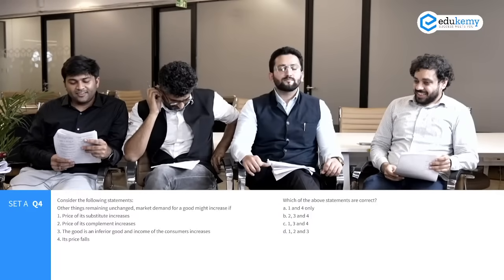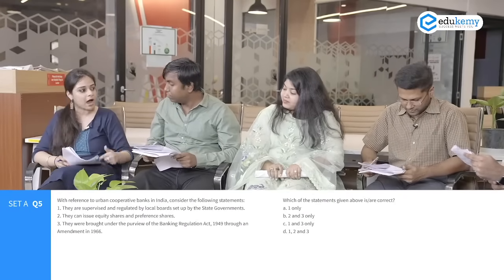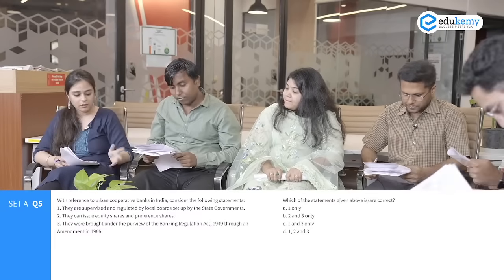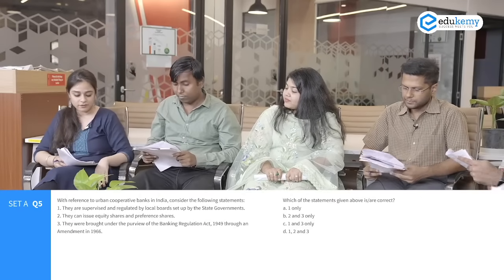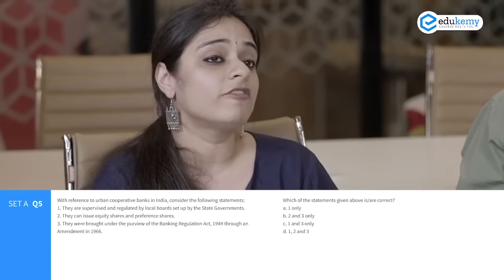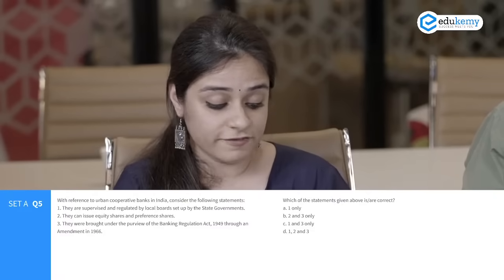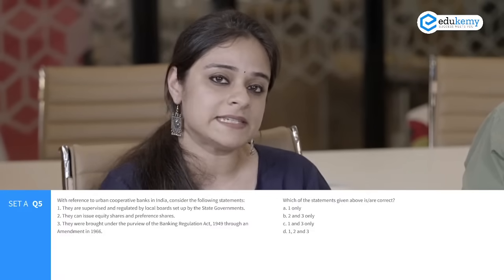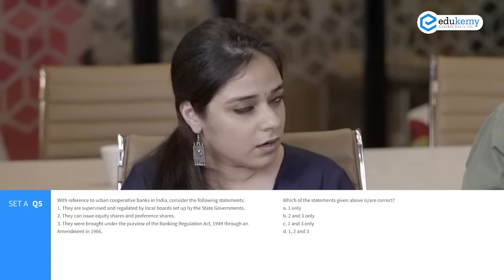This topic is again from current affairs because of the recent chaos around the urban cooperative banks and the RBI taking control over their boards. There are actually 2 kinds of cooperatives: the first being controlled by the state governments, and the second being under the control of the central government.